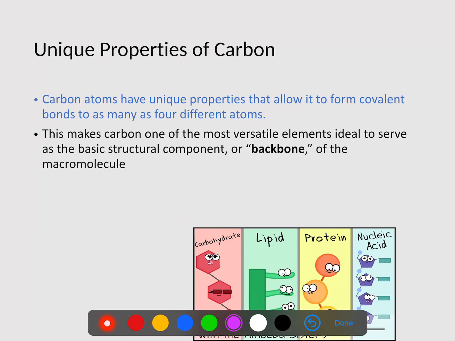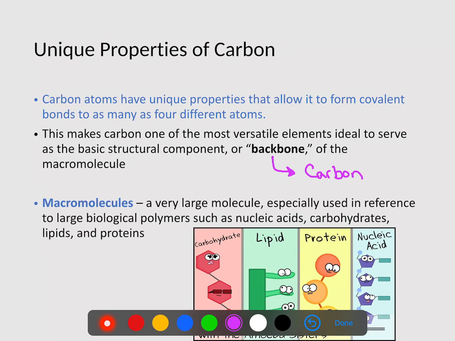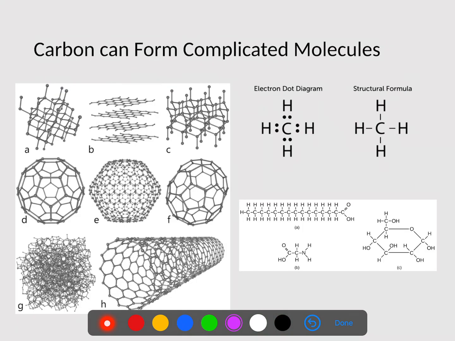Carbon, remember, is the backbone. Macromolecules are very large molecules, especially used in reference to large biological polymers such as nucleic acids, carbohydrates, lipids, and proteins. So again, these are our 4 major macromolecules.